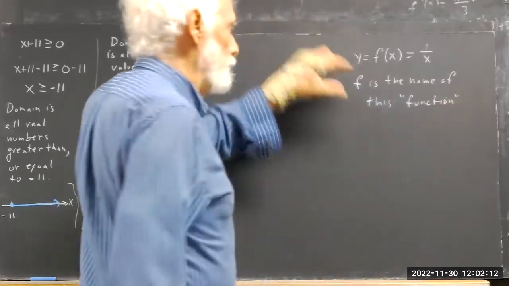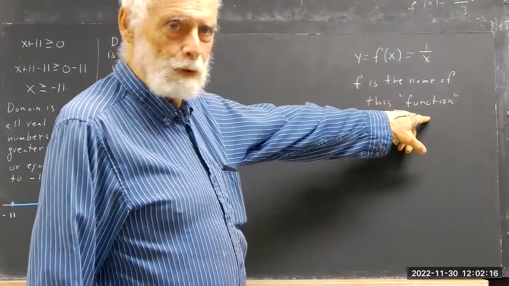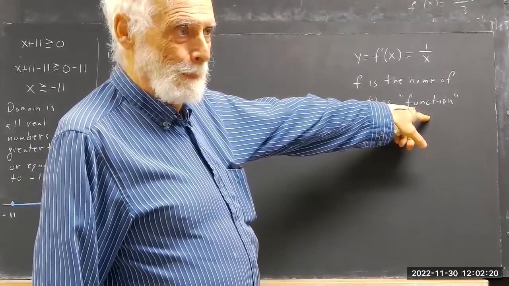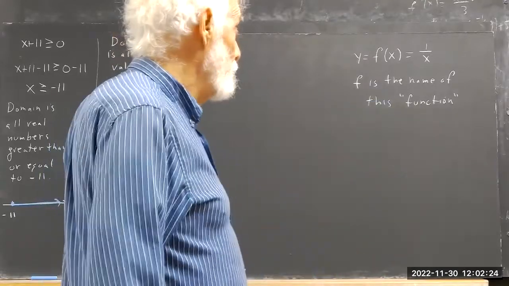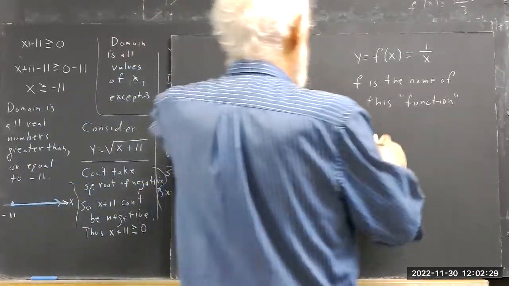And this is the first time I've officially used the word function. f is the name of this, and I also put it in quotes, but it doesn't usually go in quotes. Okay, so this is what we call a function. This function has a graph.